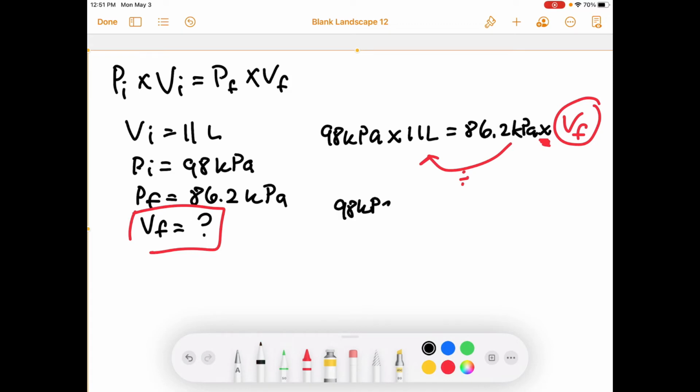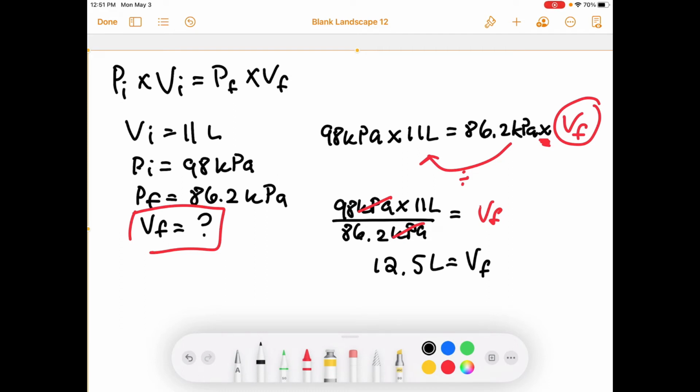So 98 kilopascal times 11 liters divided by 86.2 kilopascal. What do we do with the kilopascals? We cancel them out. So we do 98 times 11 divided by 86.2, and that will give us 12.5 liters as our final volume.